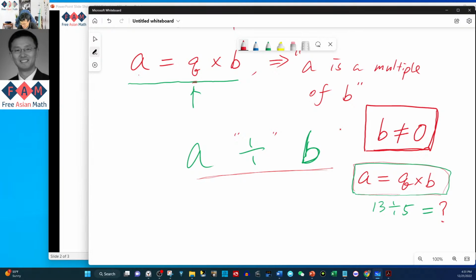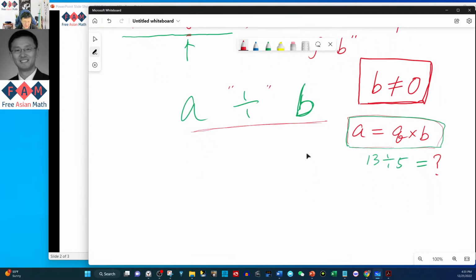Okay, 13 divided by 5. So with this understanding now, let's look at what A divided by B is. Perhaps we should start with a simple example. Let's just say we want to understand what is 10 divided by 5.